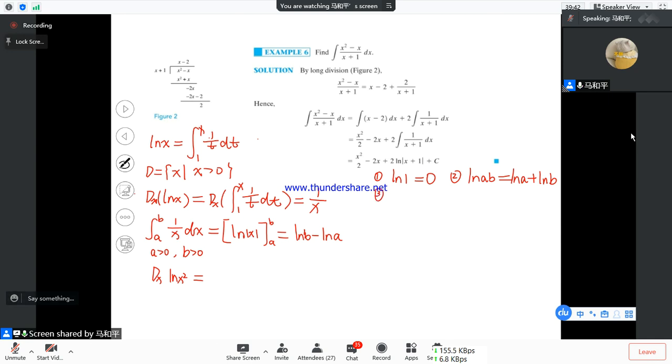And third, we learned ln of A over B is equal to, we can write this as ln of A times B to the power of minus 1. And by the second property, we write this as ln A plus ln B to the power of minus 1.